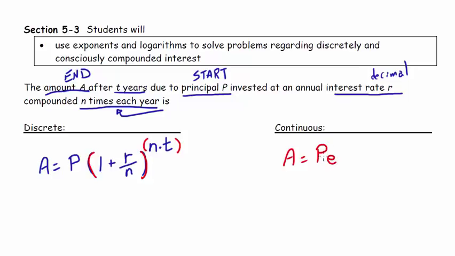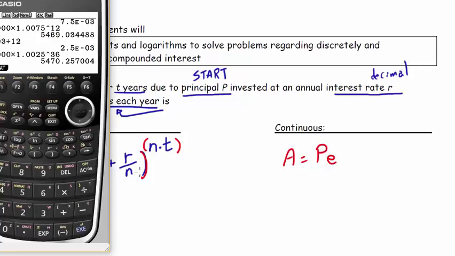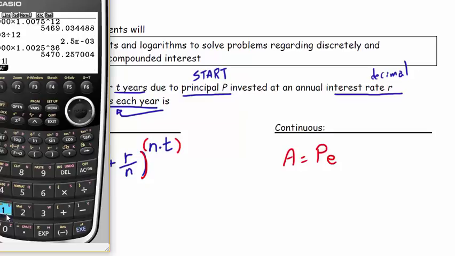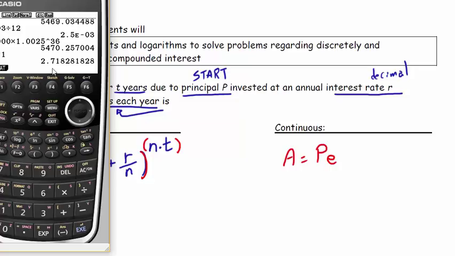E here is that special number that we saw earlier, which is about 2.718. If I go second natural log, e to the first is 2.71828182, and it goes on and on. You can think of this as similar to pi. This is an irrational, very special number.